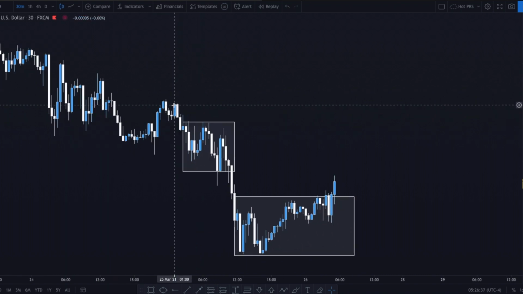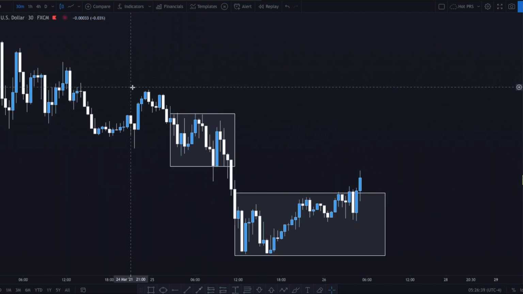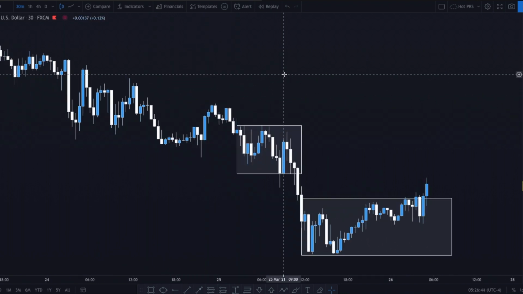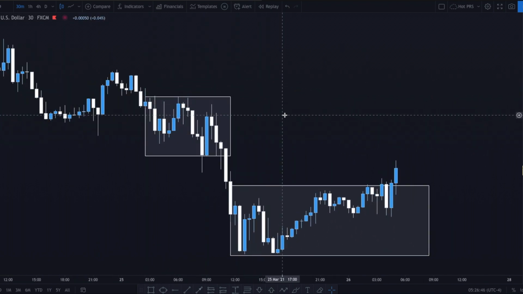So the best thing to do is to wait for a clear break and retest, and based on that you place an entry. That's exactly what I was doing, and it's working good for me so far. As I say, price breaks, wait for the retest, based on the retest, enter for the sell.